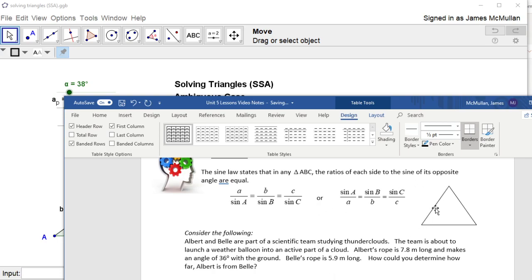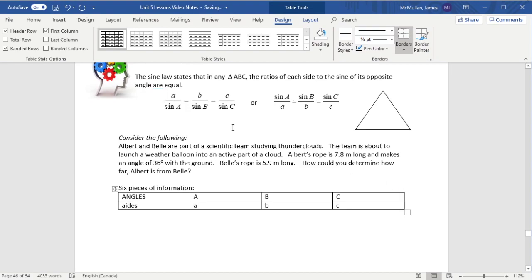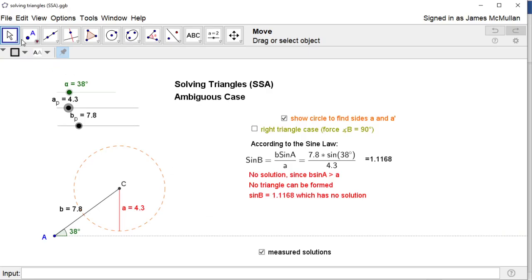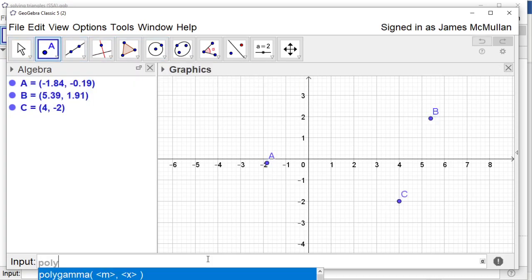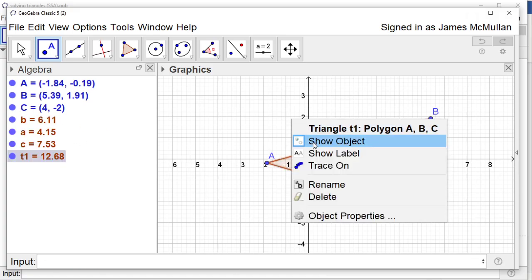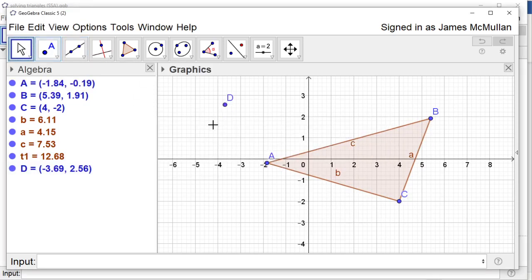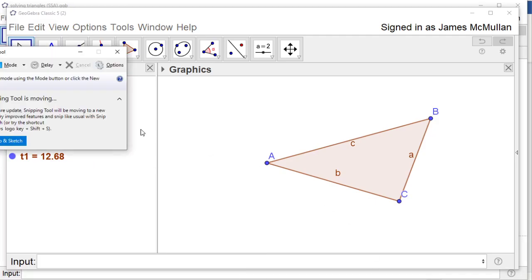Side a is across from angle A, side b is across from angle B, and side c is across from angle C. So it would look something like triangle ABC, and you can see how it draws the different sides across from the angles they're related to.